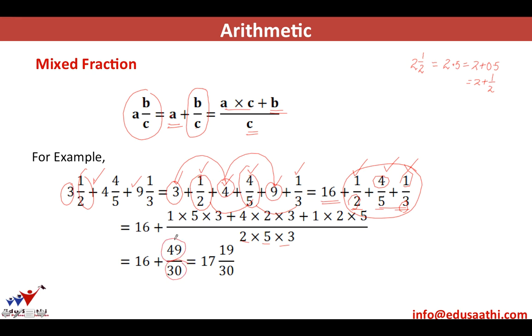So if I look at it here, the numerator is more than the denominator. I will split it up like 16 plus 30 plus 19 over 30. 30 over 30 again I can split up to give me a value of 1, which will be added to 16. That means the integer part would become 17 and I'll be left with 19 over 30.